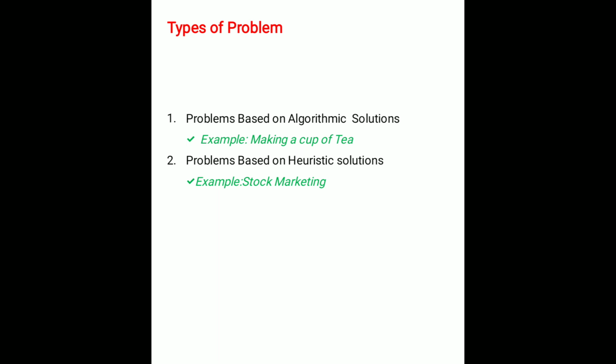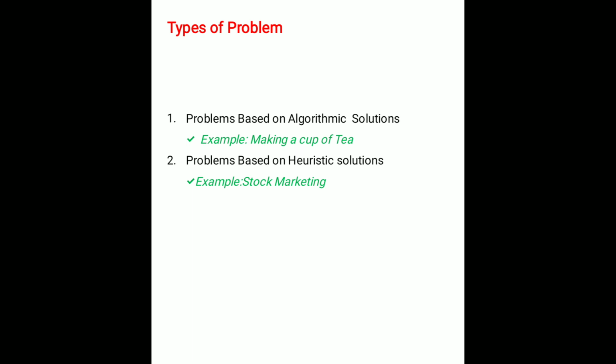First is the problem based upon algorithmic solution, and second is the problem based upon heuristic solution. Now the first point, problem based upon the algorithmic solution. You can take one example of making a cup of tea.